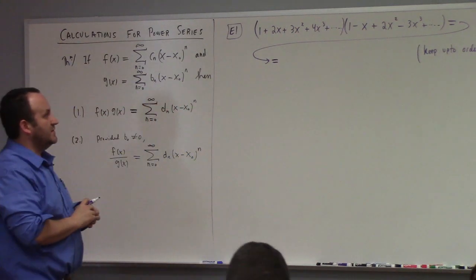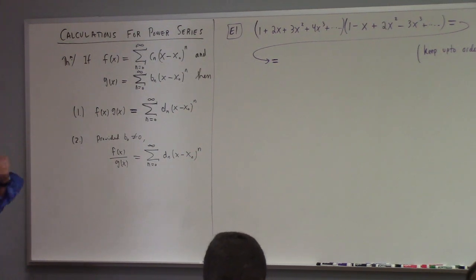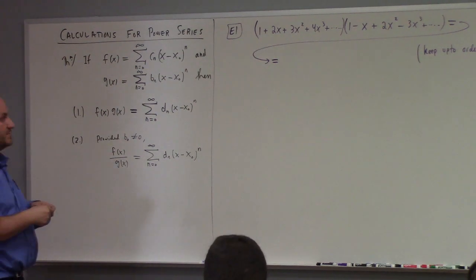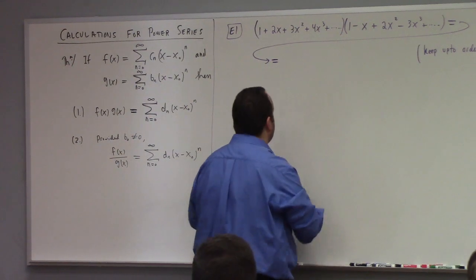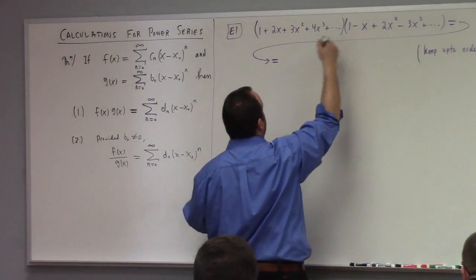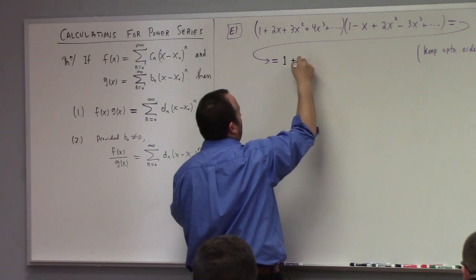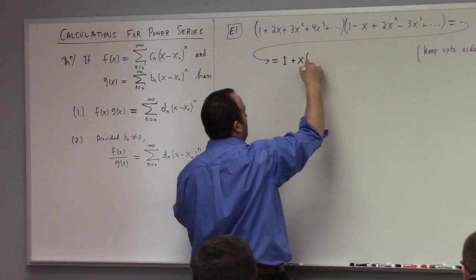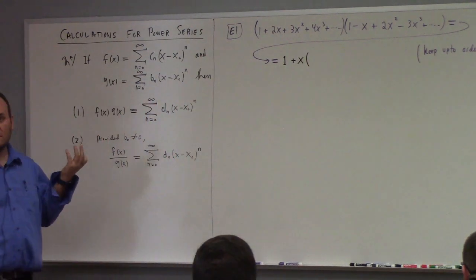The way to do this is just to go order by order, making sure that you don't miss anything as you think about distributing the terms. So we start with the constant terms. What's the constant term? 1, because 1 times 1 is 1. Sometimes I put the x first and then the coefficients second, because that's how I think.